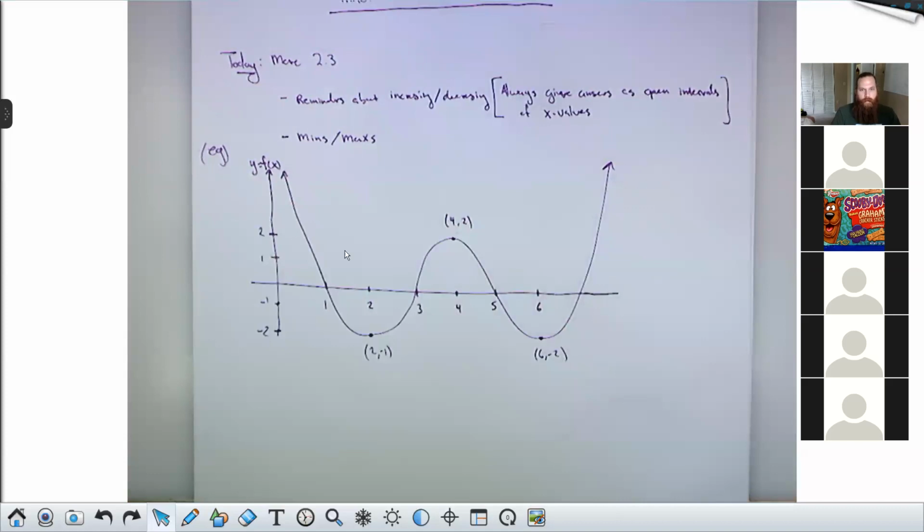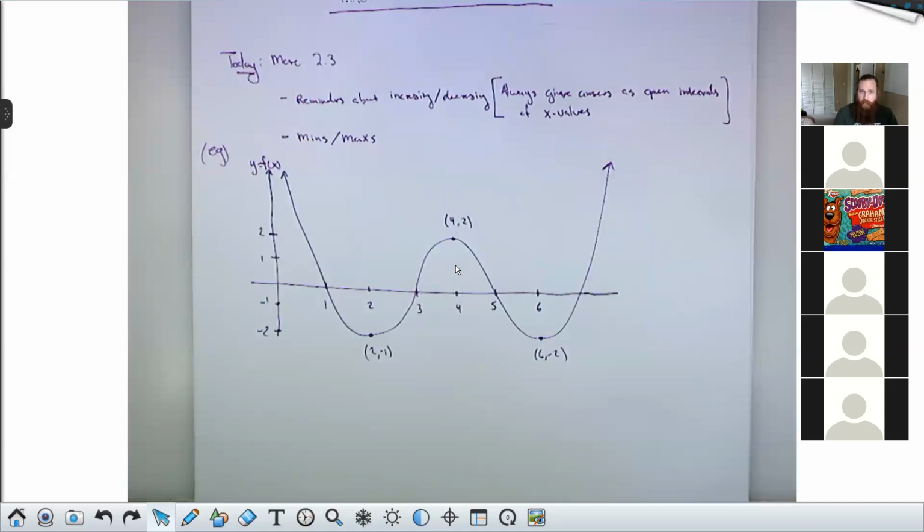So if I wanted to split this up into pieces, certainly I would say I'm decreasing everywhere on this piece, increasing everywhere on this piece, decreasing everywhere on this piece, and increasing everywhere on this piece. We just have to be careful about how we report that information.